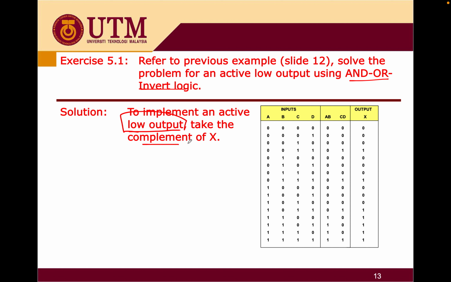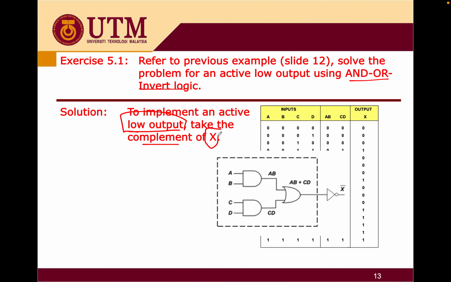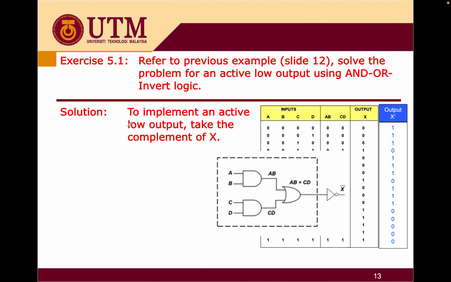Take the complement of X. So you can see here, you have the X bar there. This one is X, and because it is active low, they are complements of each other. That's why you have the X bar. It is called a low output.